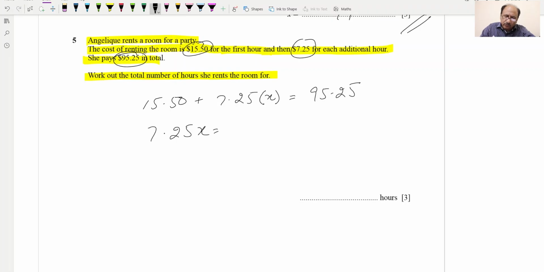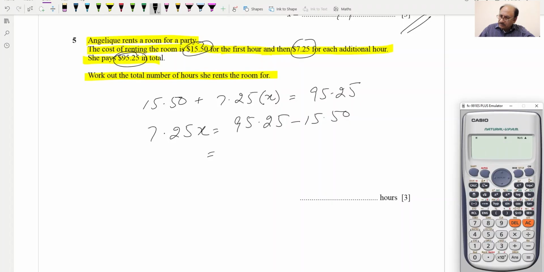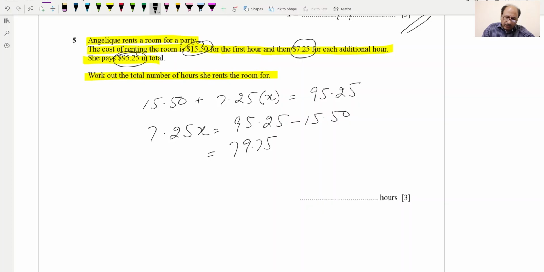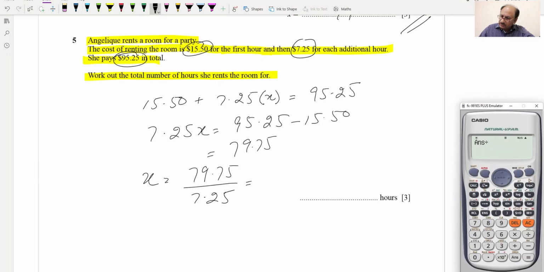7.25x will be equal to 95.25 minus 15.50. 95.25 minus 15.50 results in 79.75, and x will be equal to 79.75 divided by 7.25, and this will result in 11.